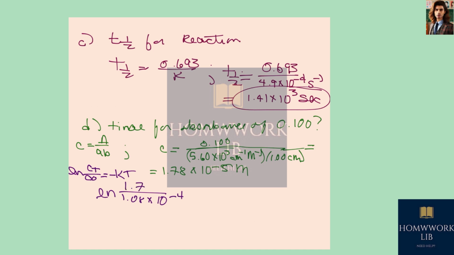The concentration we're dealing with right now is 1.78 times 10 to the minus fifth. That will equal the negative of our rate constant, 4.9 times 10 to the minus fourth, I believe that was s to the minus 1, times our time.